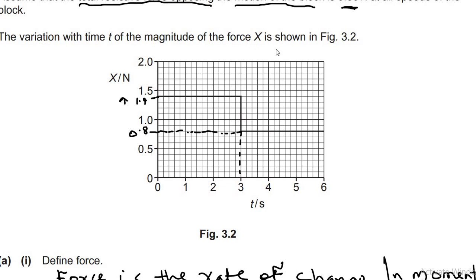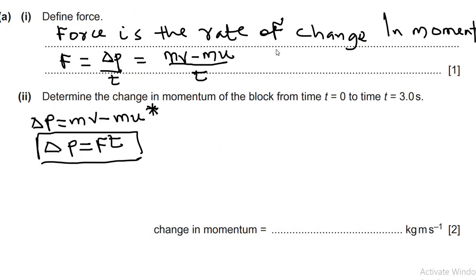So we have a change in force of 1.4 minus 0.8. So the change in momentum in this case: force is 1.4 minus 0.8, and the time is 3 seconds, since 3 minus 0 is 3.